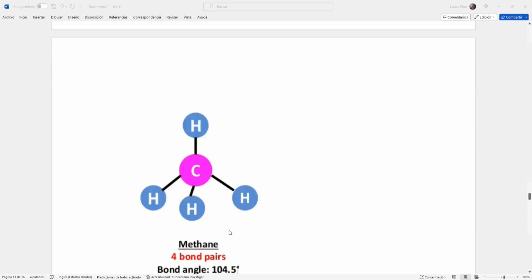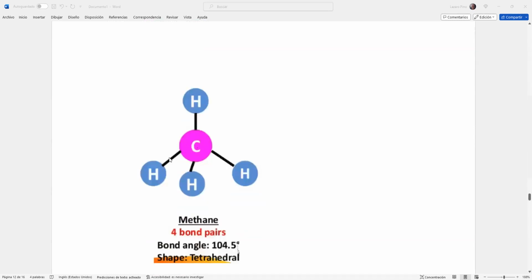In the case of methane, you have 1, 2, 3, 4 groups of electrons around the central atom, and no lone pairs. So the best structure to represent methane, or CH4, is the tetrahedral model. And the bond angle is 104.5 degrees.